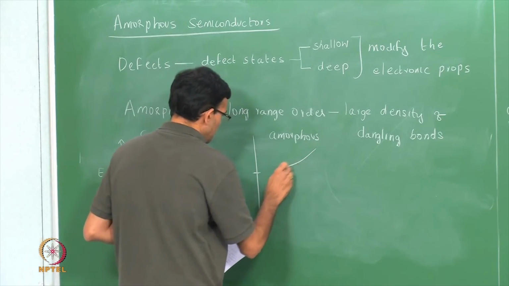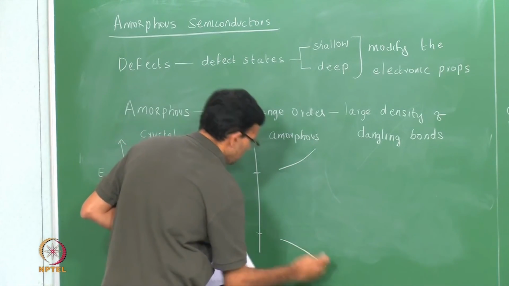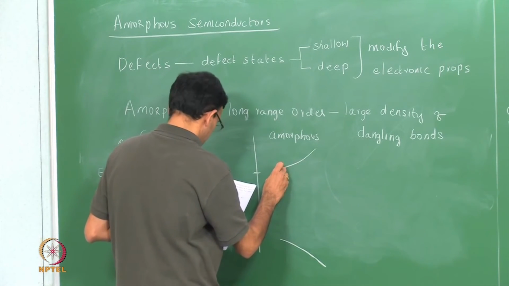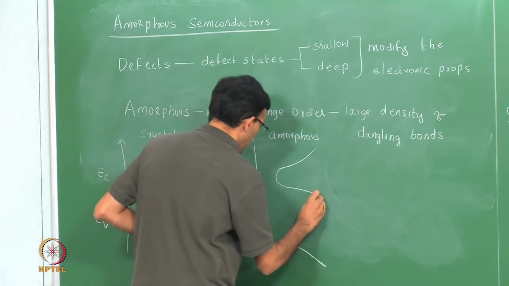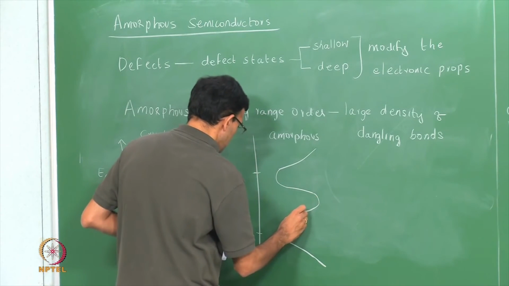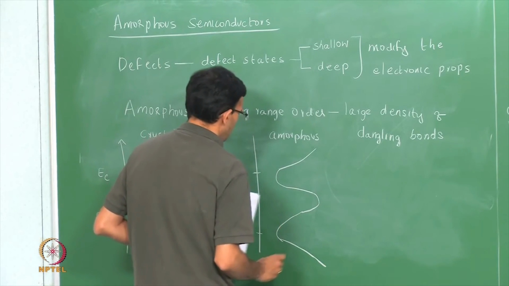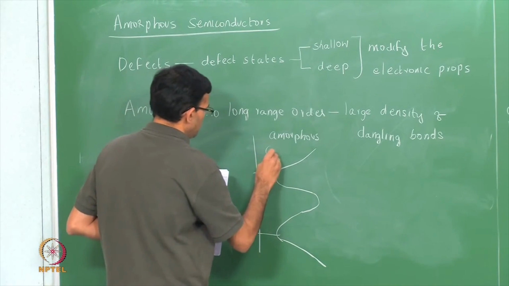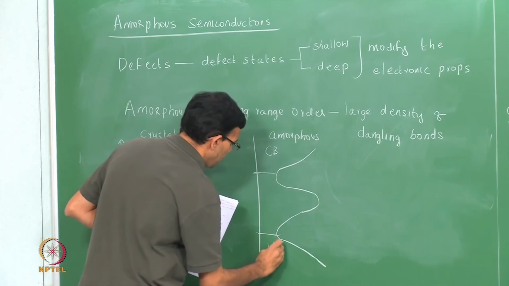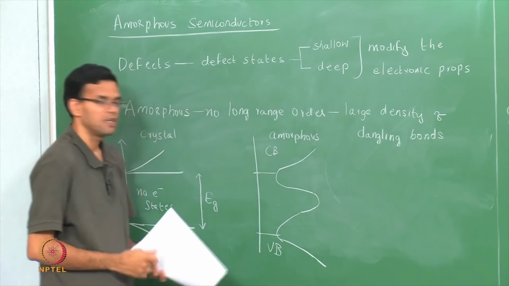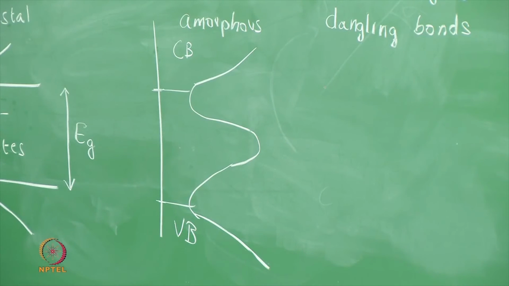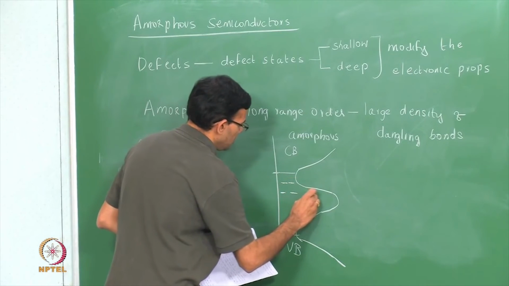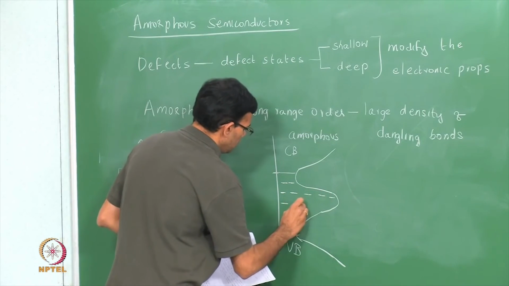So, we will have a large density of states in the bands, but within the band gap we will also have localized states. So, these represent the conduction band and the valence band. So, within the conduction band and valence band we will have extended states, but we will also have localized states within the band gap.